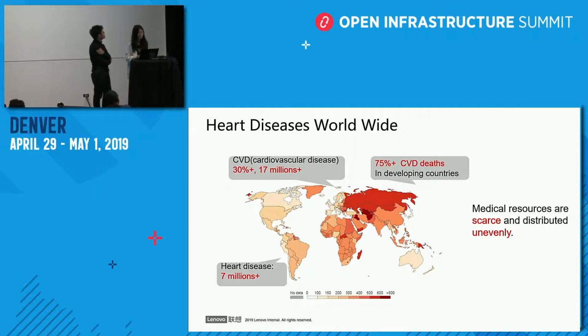In developing countries, medical resources are scarce and distributed unevenly. In China, we have very good facilities and experienced doctors in big cities like Beijing and Shanghai, but there is a lack of facilities, and especially experienced doctors, in the rural middle and western areas.